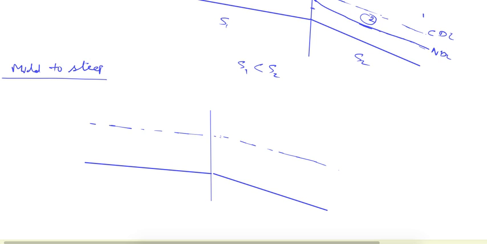In the mild case, the NDL will be at the top of CDL. This is CDL, this will be NDL, and in the steep case the NDL will be below the CDL line.